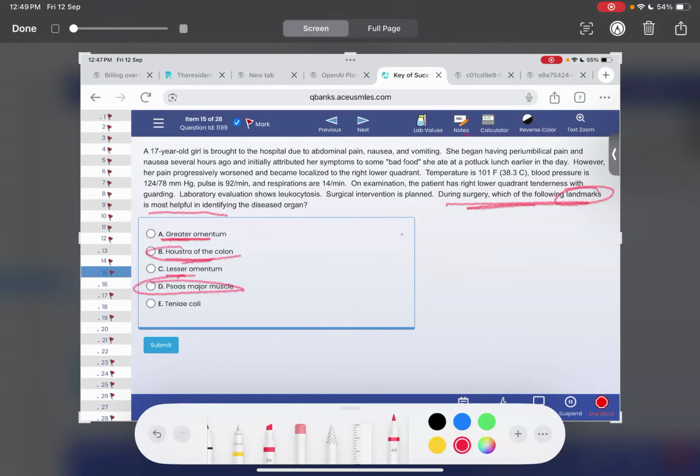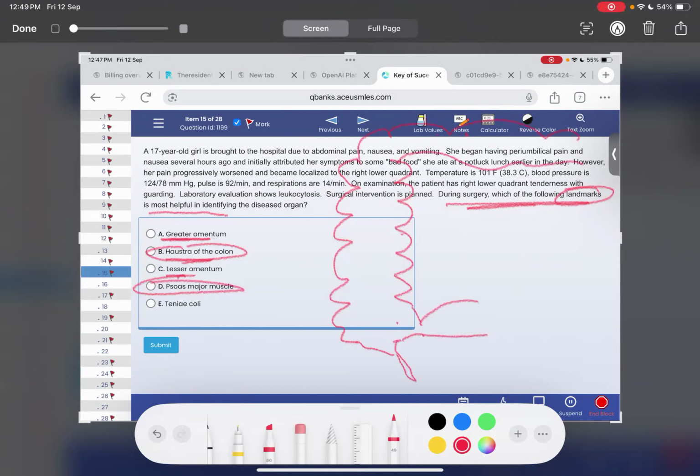And the haustra. For example, this is your colon, it's like this, and here is your ileocecal valve, and this is your ileum, and there's a small appendix over here, and haustra are all around this.